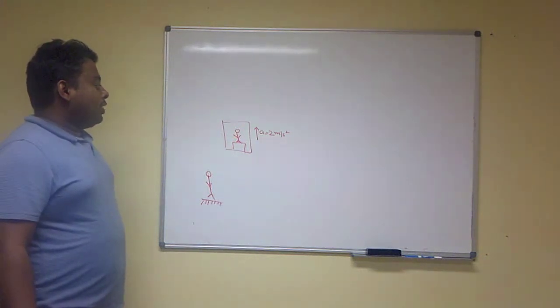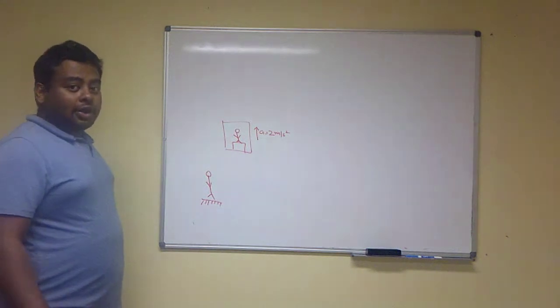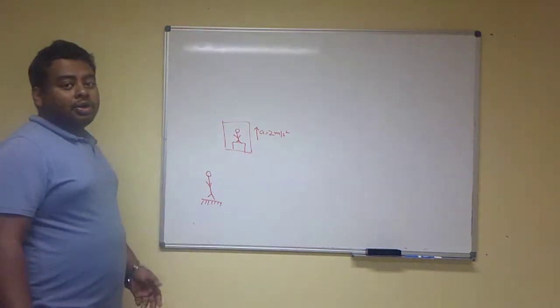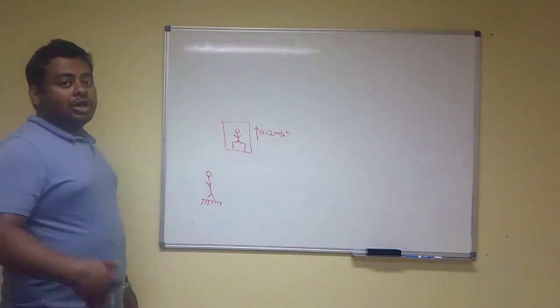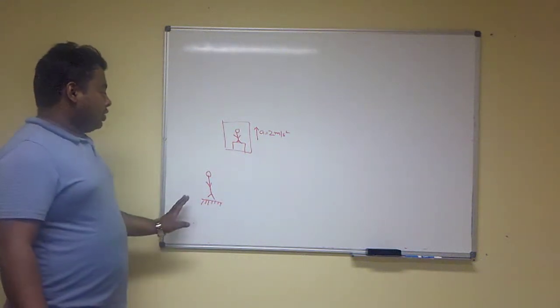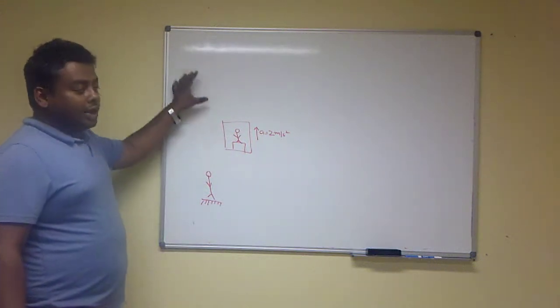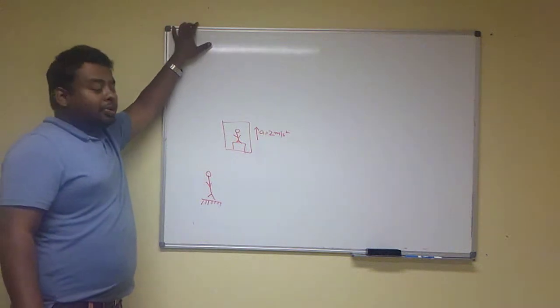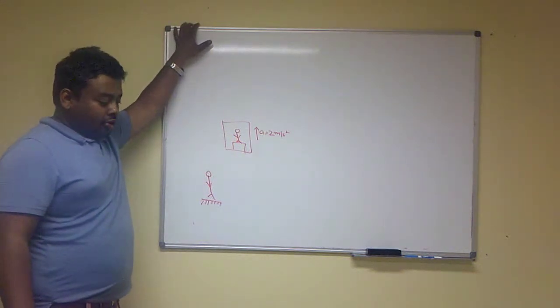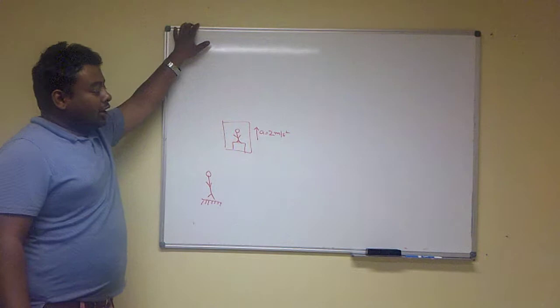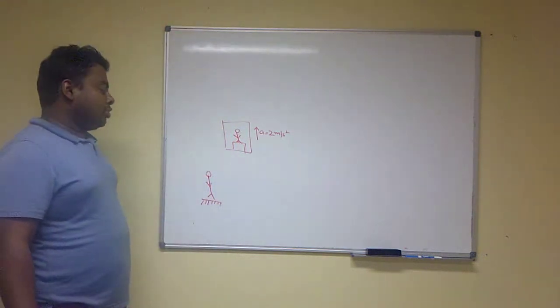So basically, if that is the case, what would happen to my normal force? We have to figure that one out, right? So in the ground frame of reference, your entire body is moving up at an acceleration of 2 meters per second square.